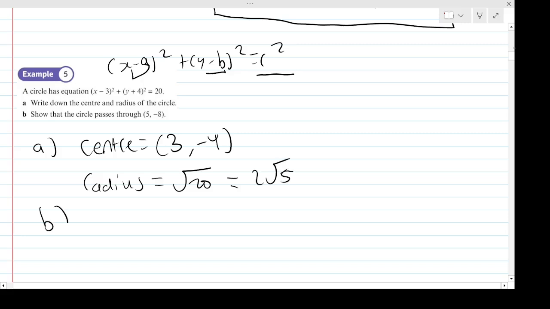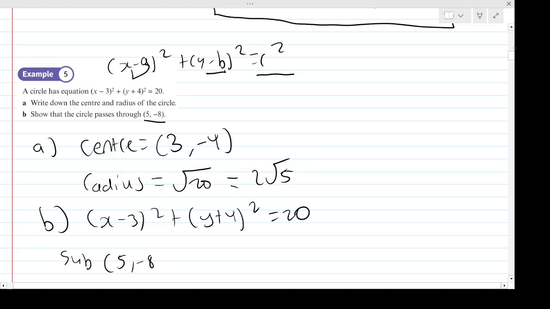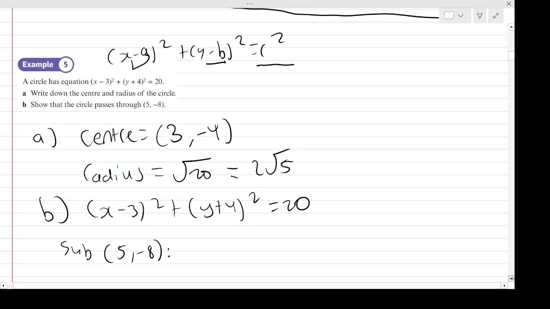Part B, show that the circle passes through 5, minus 8. So again, this is an equation of the circle right here, x minus 3 all squared plus y plus 4 all squared equals 20. That means we can substitute points x, y into this equation. This point is 5, minus 8, so I'm going to sub 5, minus 8 in. And if it is on the circle, then that equation should be true.